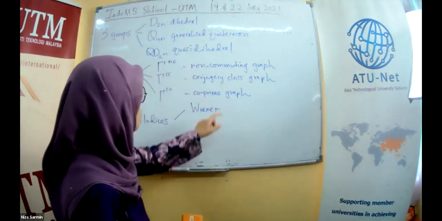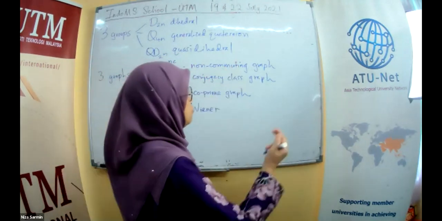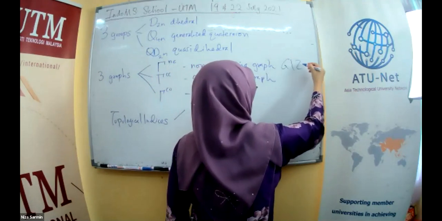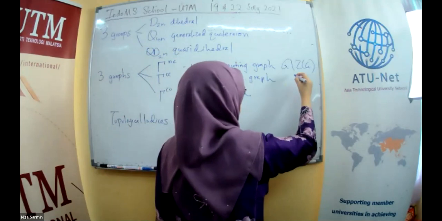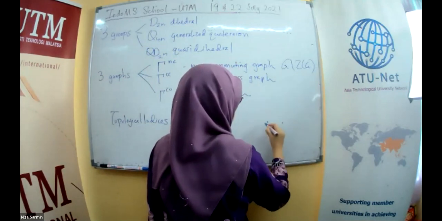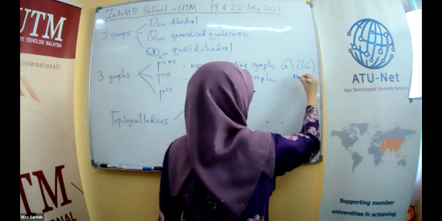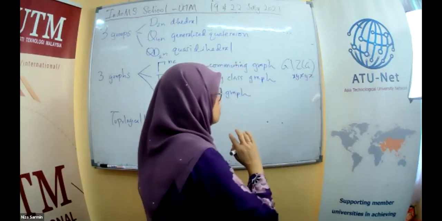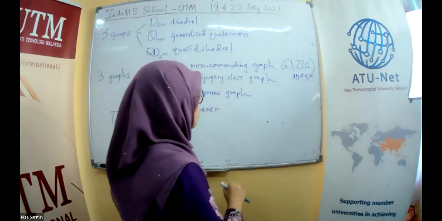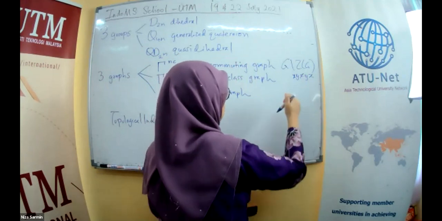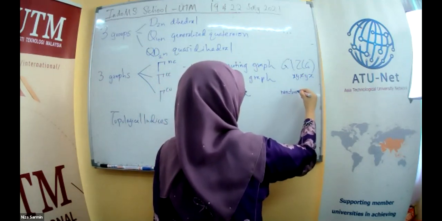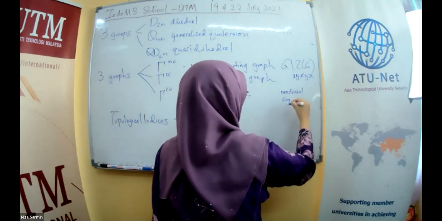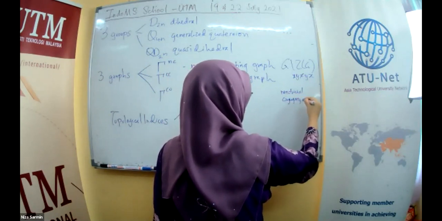Okay, now non-commuting graph, the vertices would be G without the center, right? And two vertices are adjacent if we have this. Okay. Conjugacy class graph, the vertices would be all the non-trivial conjugacy classes.